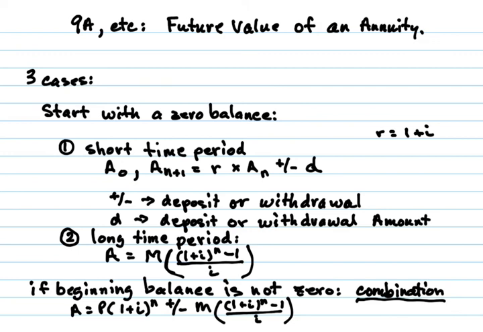So those are the three formulas that you're going to be using to find future value of an annuity. So you've got two things that you need to determine. First of all, what is your beginning balance? Is it 0? Then you have your two formulas for that. If it's not, then you have the one combination of formulas that you'd use. Second thing you need to do is determine, are you in the withdrawal phase or the deposit phase?